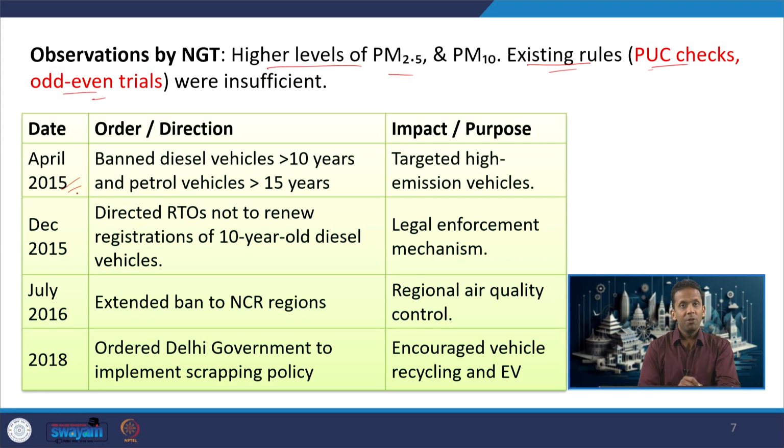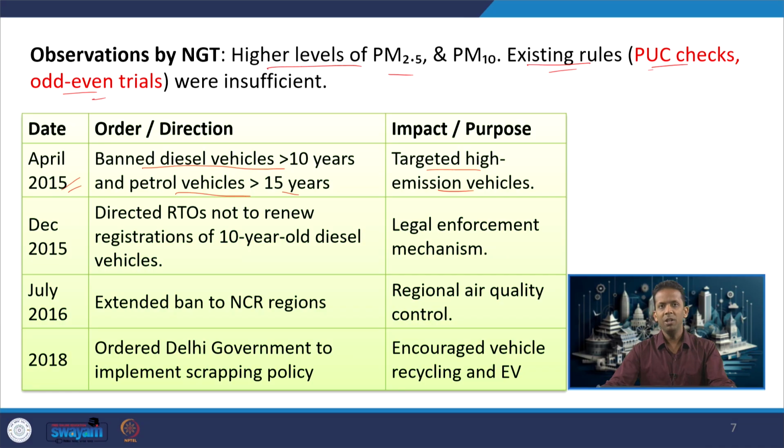In April 2015, the order was to ban diesel vehicles which are 10 years or older, and to ban petrol vehicles which are 15 years or older. The impact of this order was to target high emission vehicles, because it is a fact that as a vehicle gets older, the performance of the engine and the fuel efficiency go down, and there is a chance of higher emissions from older vehicles compared to newer vehicles.